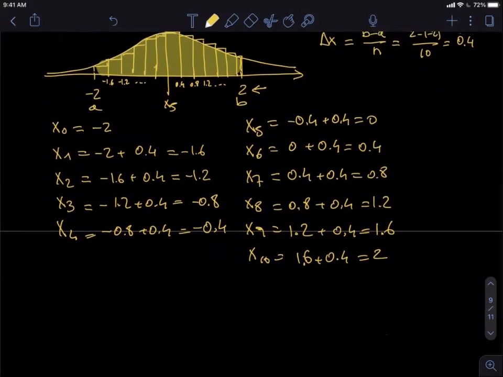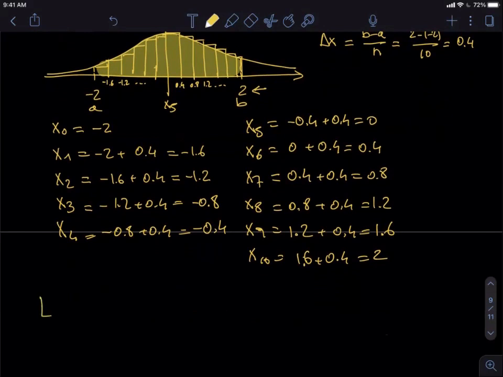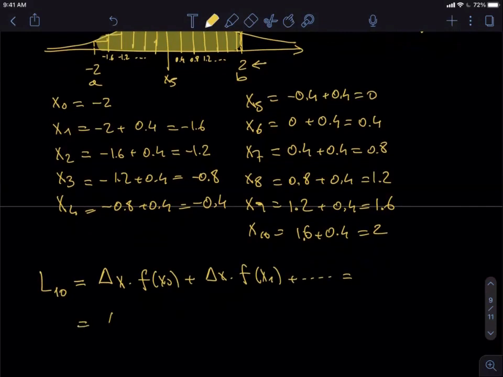And here, now we need a bit of patience and I use a calculator to compute the sum with the left endpoints. Remember, this was delta x times f of x0 plus delta x times f of x1, and so on. It's always the base times the height. Remember, we wrote it as delta x times f of x0 plus f of x1 all the way to f of x9.